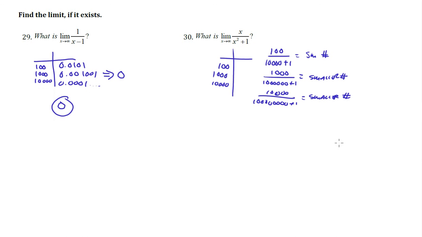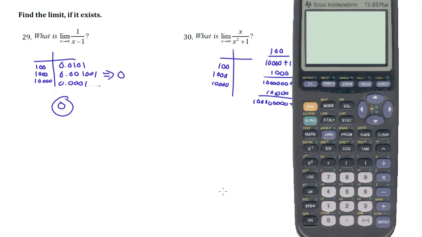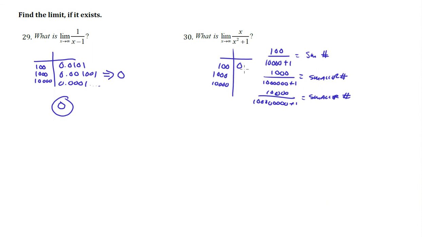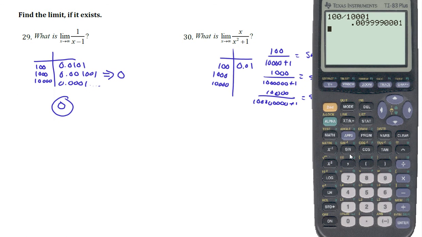Right? I know that that's not very satisfying just saying smaller number and smaller number still. So let's just figure out what they are. So we've got 100 divided by, that's going to be what, 10,001? Right? So that gives us 0.01. Okay, and then we do this next one here.